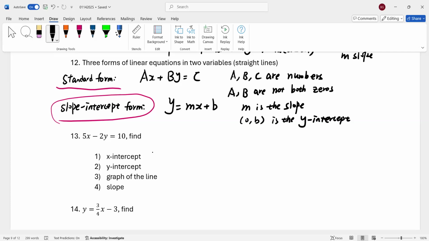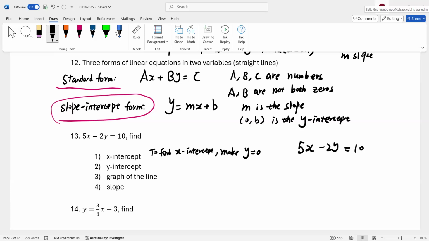To find x-intercept, make y be 0. So our equation is 5x minus 2y equals 10. Let me show you how convenient it is when the equation is in the standard form and we need to find the x-intercept and the y-intercept.